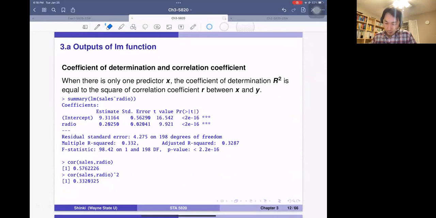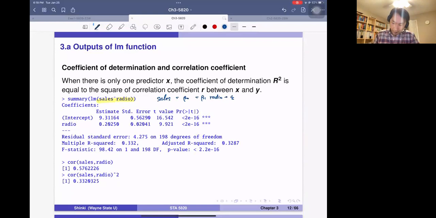Yeah, so here is what I explained. The coefficient of determination, the multiple R square, is the square of the correlation coefficient. So we fit sales on radio, just one variable: sales is equal to beta naught plus beta 1 times radio plus epsilon.